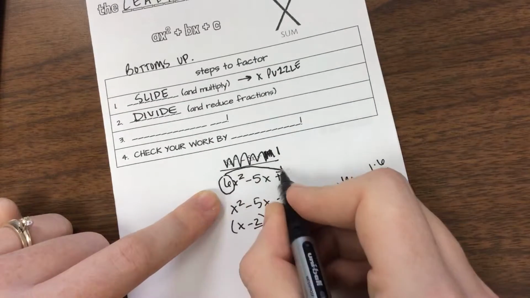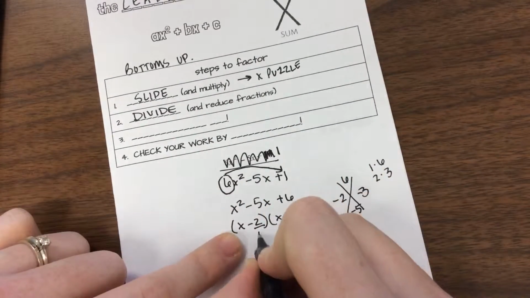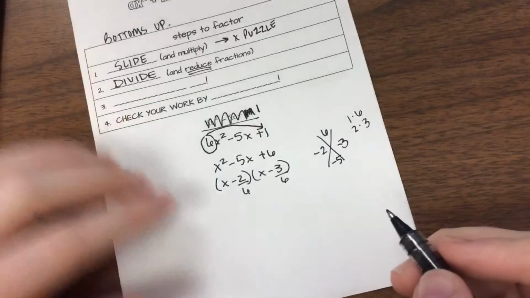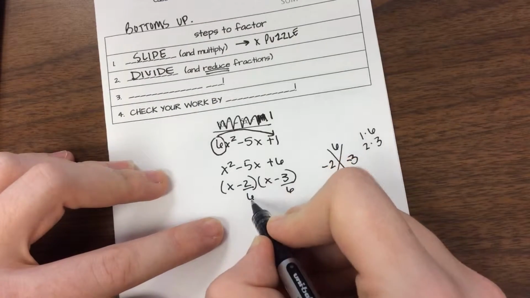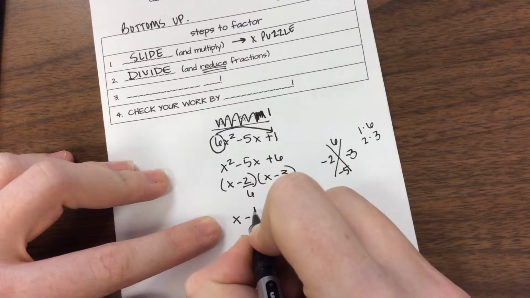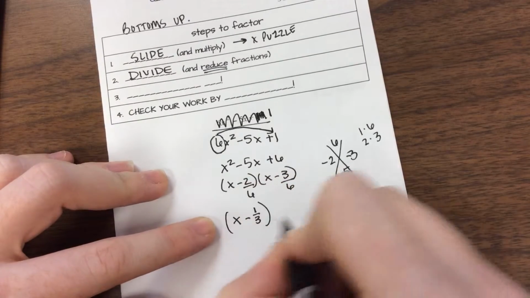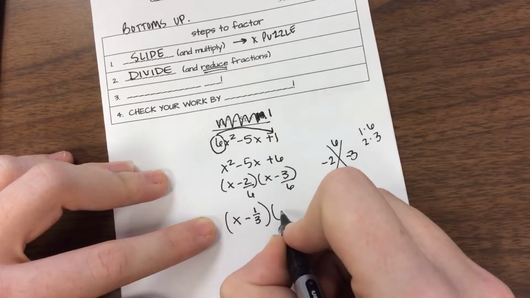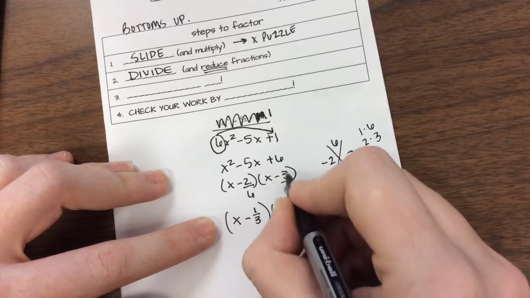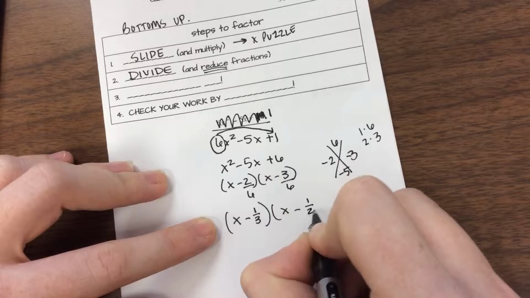Since we slid the 6 over at the first step, we have to divide by 6. Then you reduce the fractions. What does 2 over 6 reduce to? It reduces to 1 over 3. And 3 over 6, 3 goes into both of those, reduces to 1 over 2.